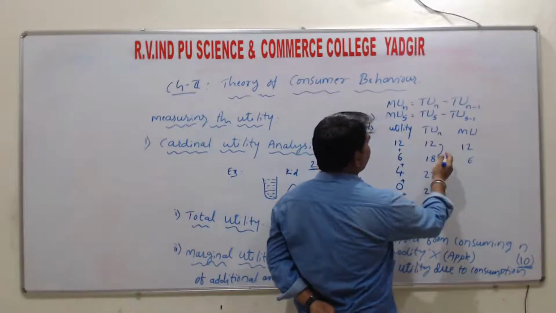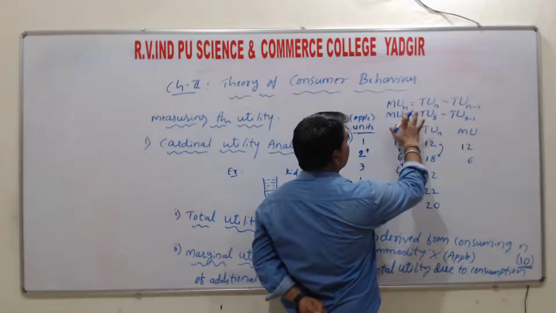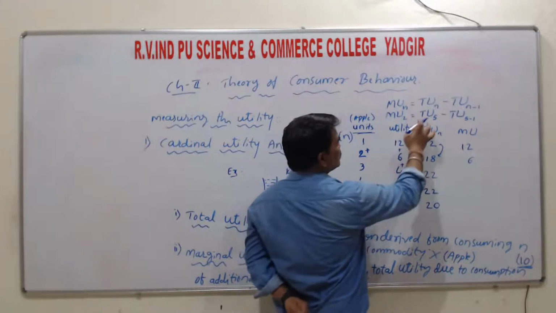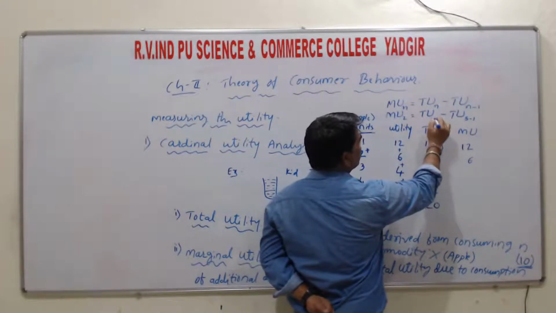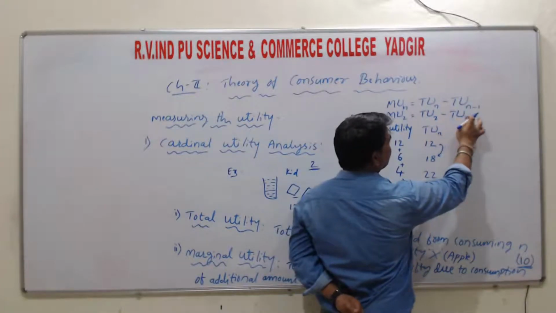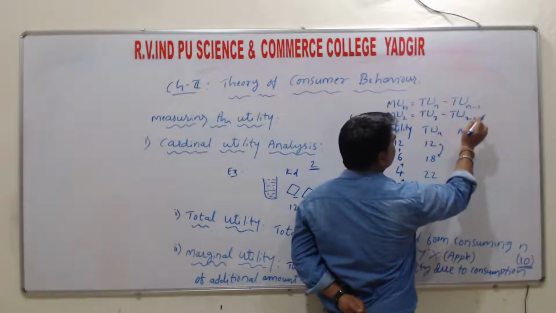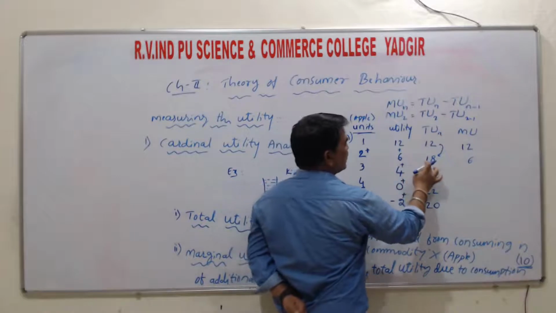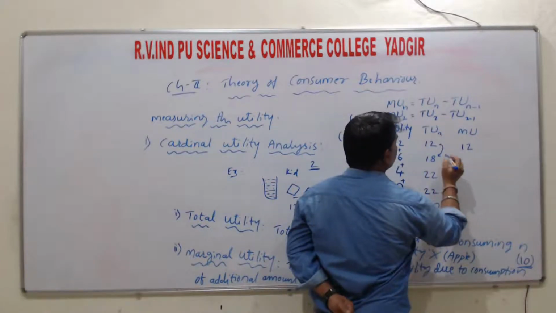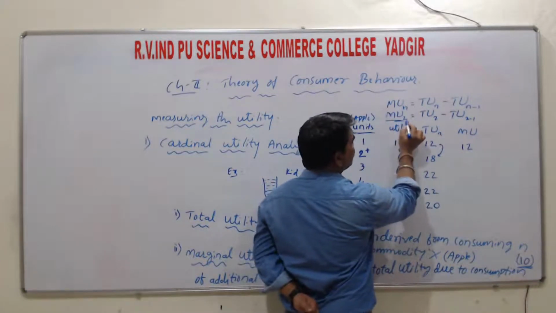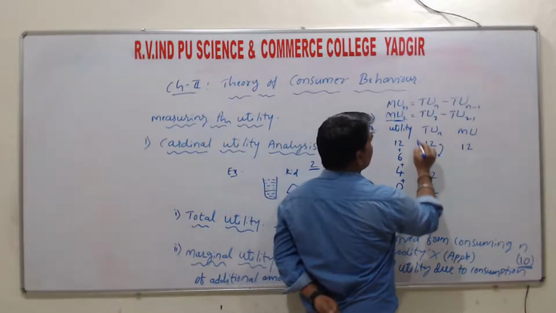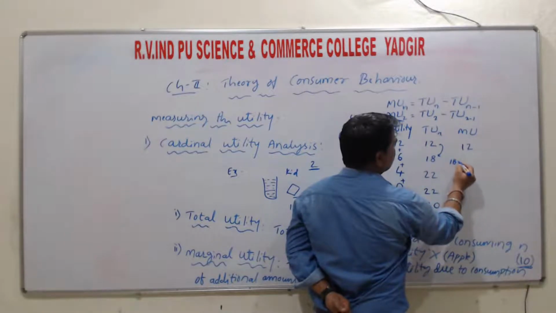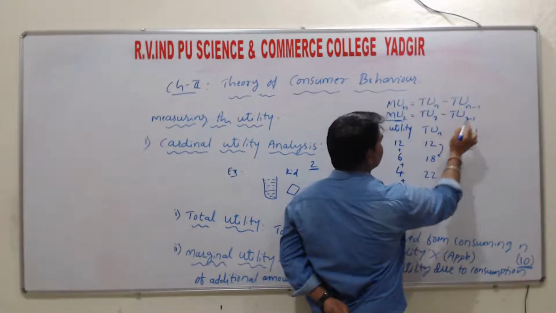The same way, if I find the marginal utility at the second apple, it is total utility at the second apple minus total utility at 2 minus 1. So total utility at the second apple is 18. Total utility at 2 is 18 minus total utility at 2 minus 1, that is 1.